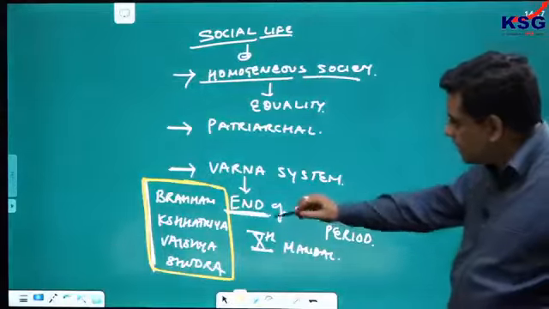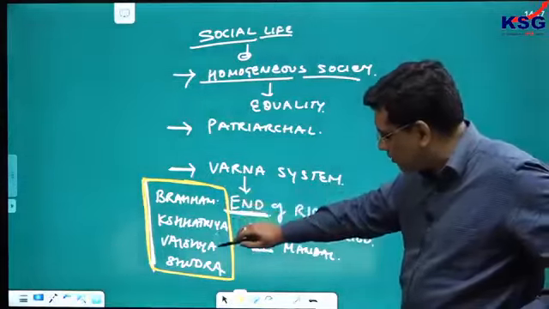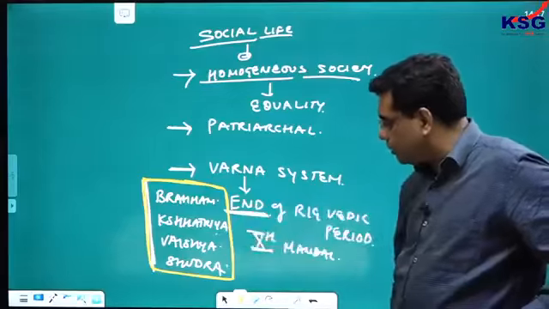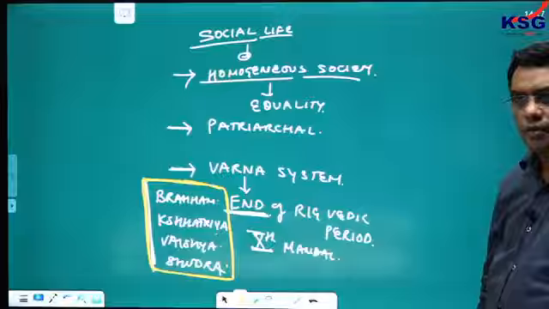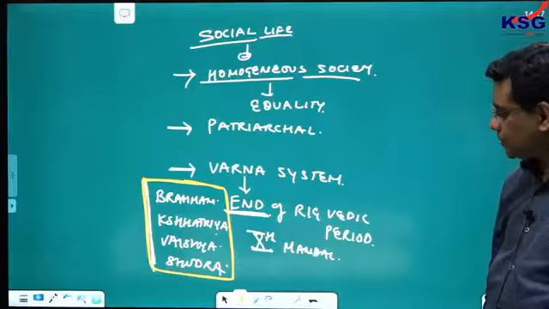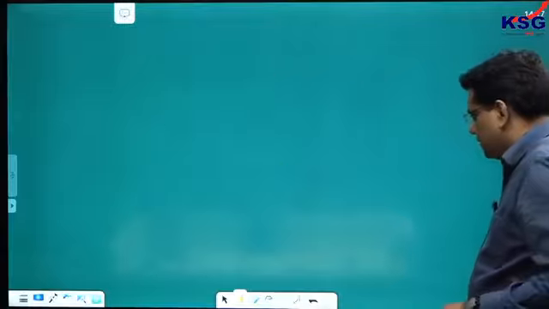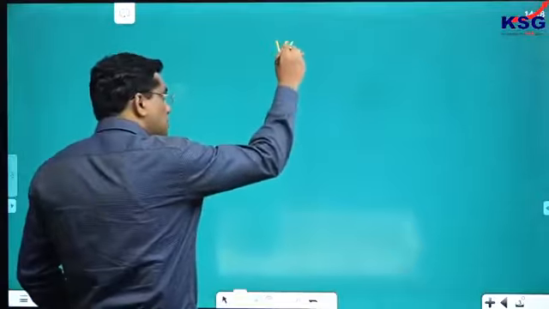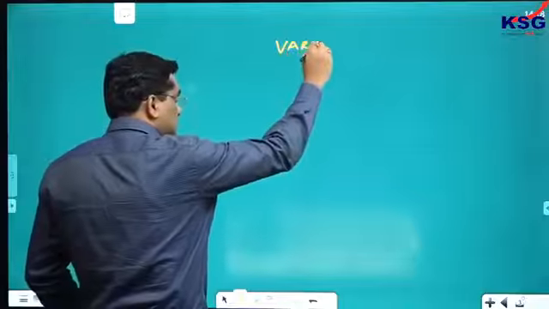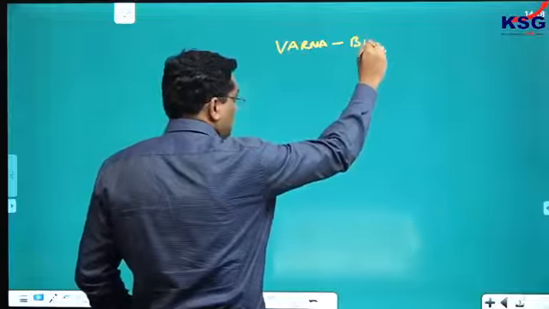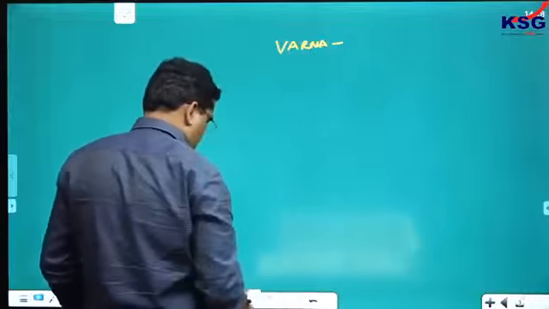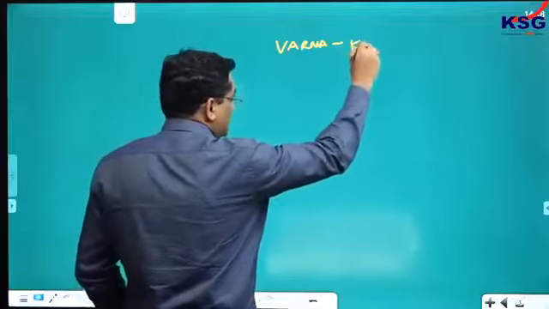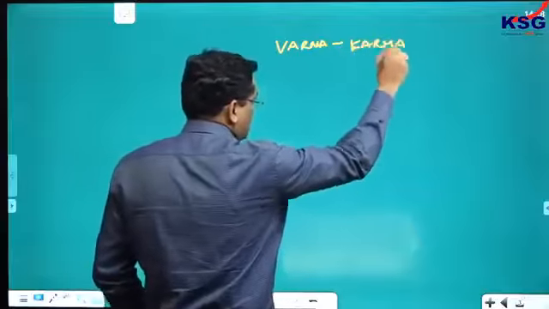But who will become Brahman, who will become Kshatriya, Vaishya and Shudra? Varna was achieved, not ascribed. Varna was not based on birth.